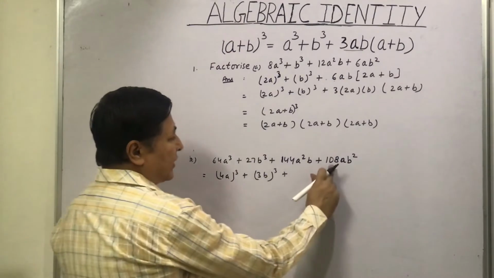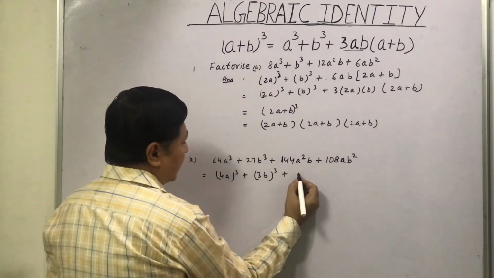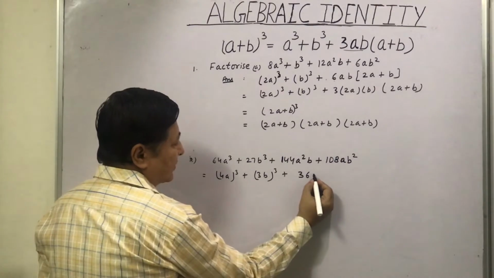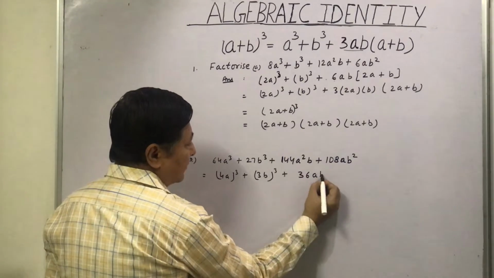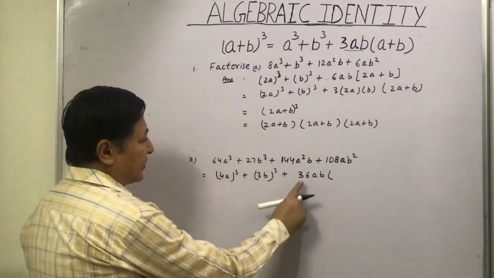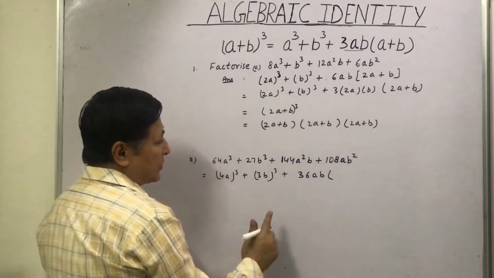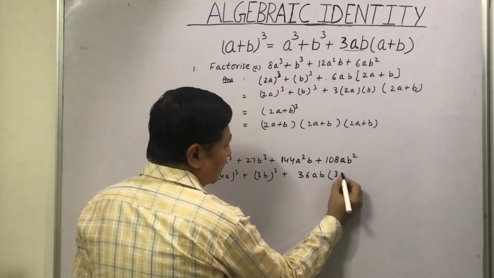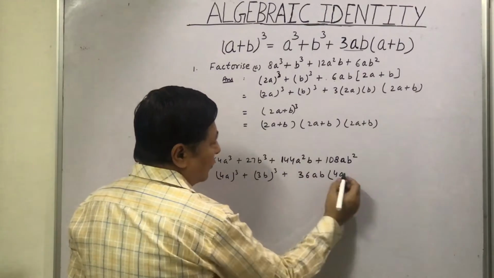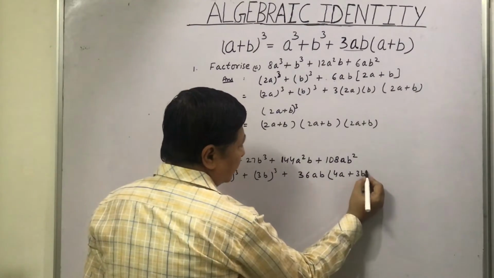Between 144 and 108, the common factor is 36. 36ab will be common here. 36 fours are 144 and 36 threes are 108. So we will write here 4a and 3b.